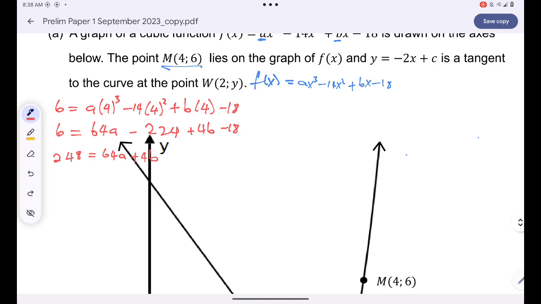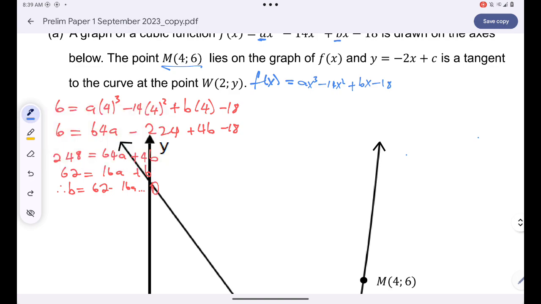I can divide each and every term by 4. 248 divided by 4 will give me 62, and 64 divided by 4 is equal to 16. Therefore, b is simply equal to 62 minus 16a. This is just equation 1.